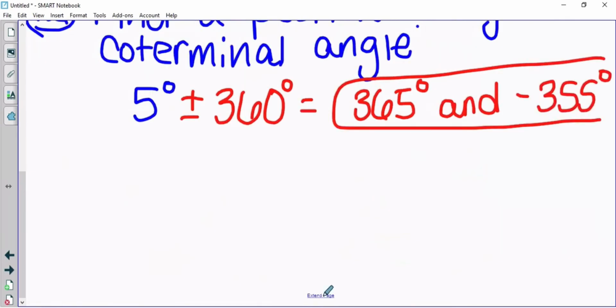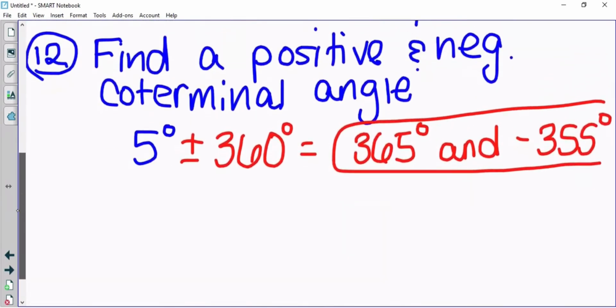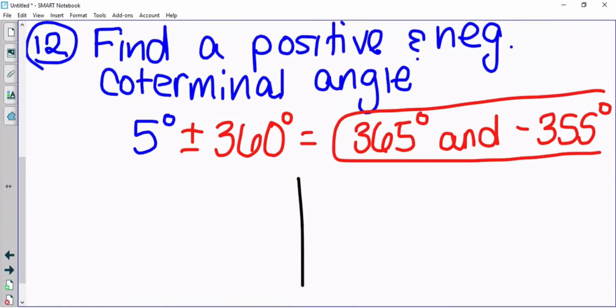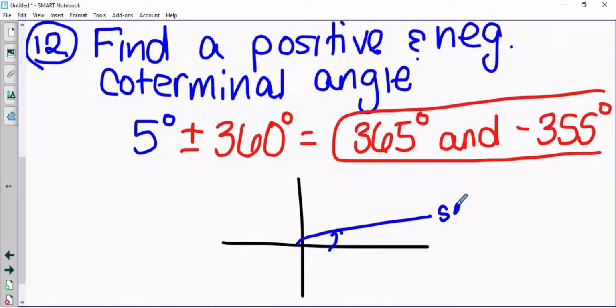Now, just as a refresher, what did we just do? Coterminals mean 5 degrees is right here. There's my 5 degree angle. A coterminal would start and stop in the same spot. So it would start here, but maybe I would go around a full circle and get back there.